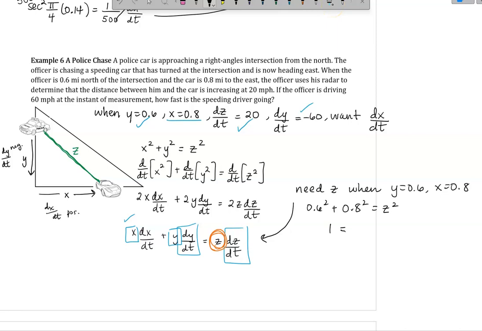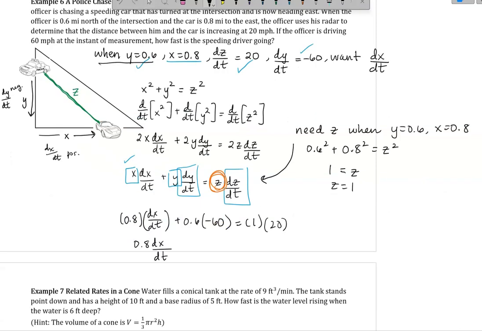To get that z is equal to 1. So now we had to go find, in all this list that they gave us, the value of y, the value of x, the value of dz/dt, the value of dy/dt. We had to go find that z was equal to 1, and now we can plug in what we need in order to finish solving this equation.